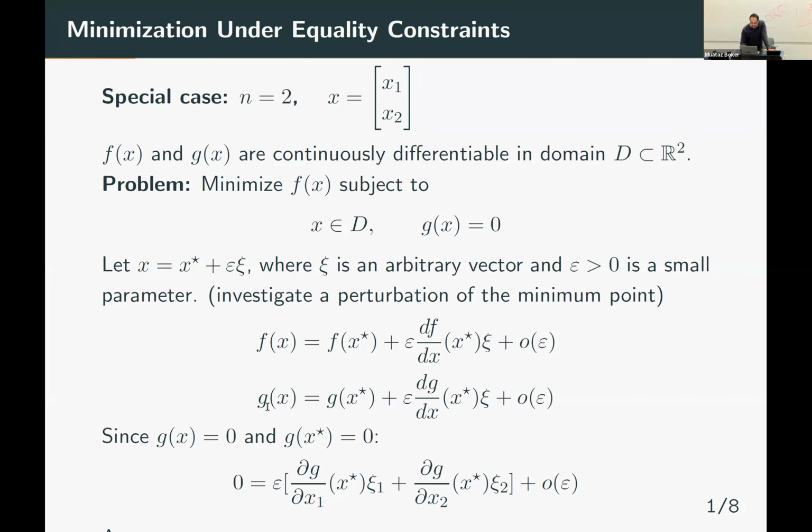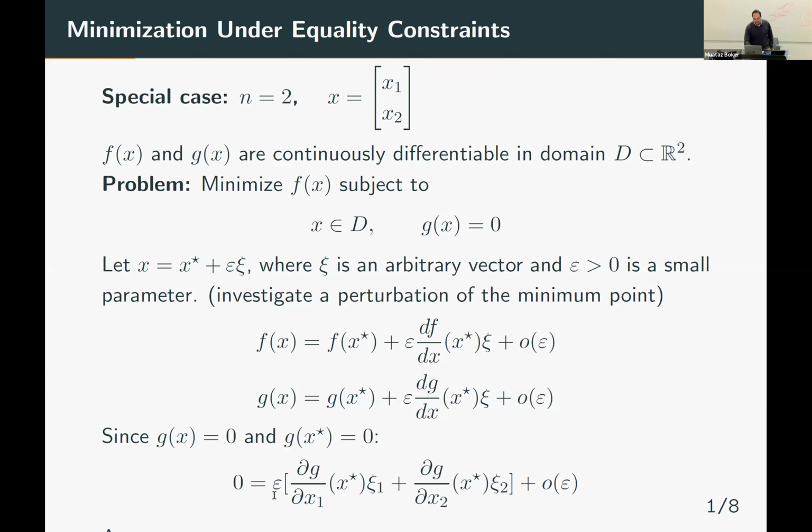Let me spell this out. This is dg over dx1 evaluated at x star times c1, plus dg over dx2 evaluated at x star times c2, both of them multiplied by epsilon.